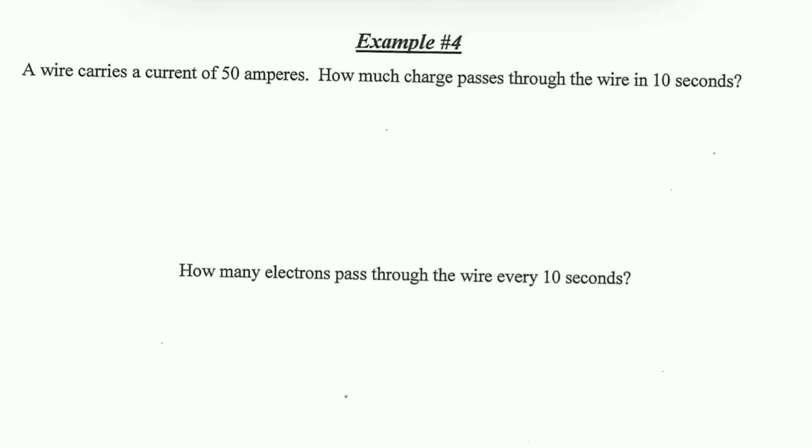Now in example number 4, we have a wire carrying a current of 50 amperes. So I equals 50 A. Now how much charge passes through the wire in 10 seconds?